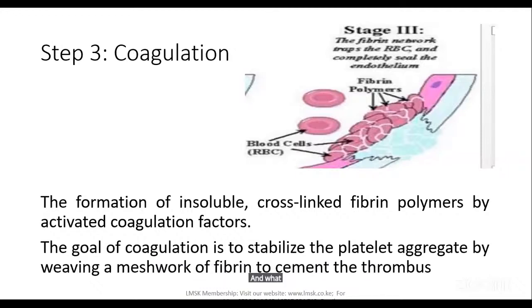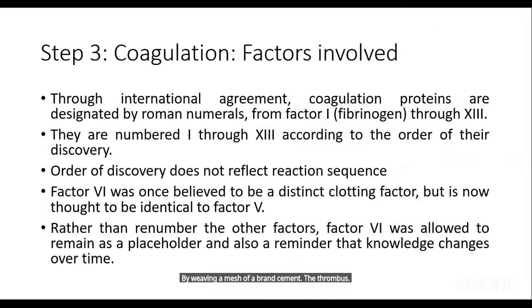And what is the goal? The goal of coagulation is to stabilize platelet aggregate by weaving a mesh of fibrin to cement the thrombus. So what are the factors involved in coagulation? Now, just an introductory part of it.